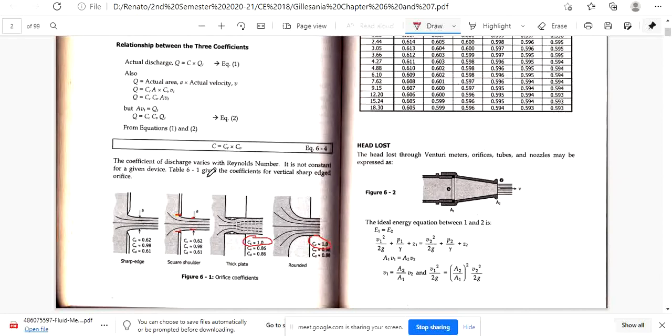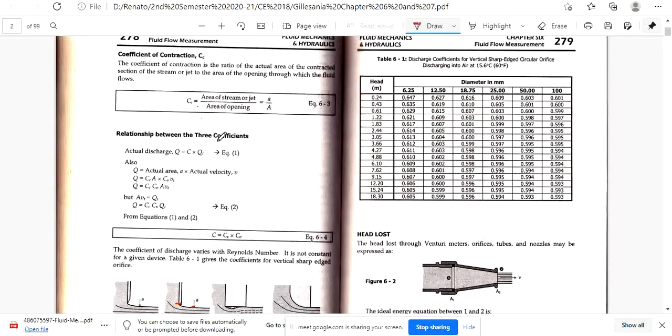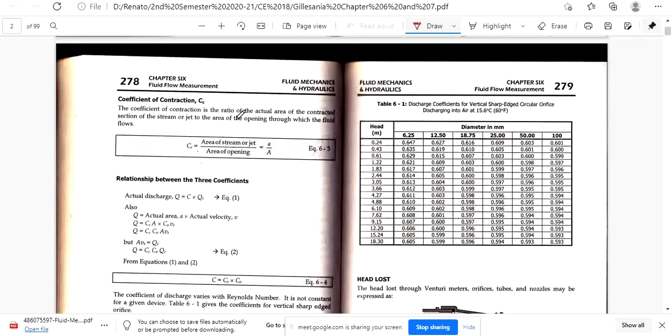So naroon ni sa libro. So for instance, it is sharp edge or square shoulder, naa kay value sa CC. What is CC? That is area of the jet. So in some cases it will be said nga area of the vena contracta. So yan na.